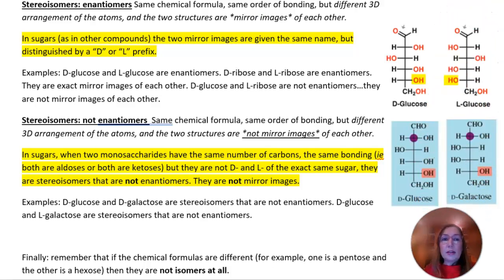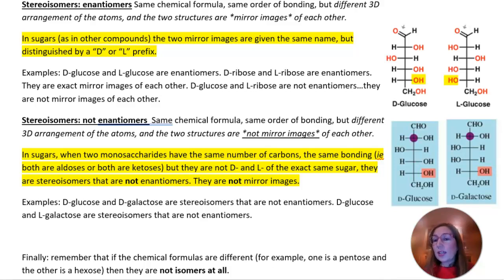Let's look at stereoisomers or enantiomers. These are molecules that have the same chemical formula, so the same order of bonding, but different 3D arrangements of the atoms, and the two structures are mirror images of each other. In sugars, as in other compounds, the two mirror images are given the same name, but distinguished by a D or an L prefix.